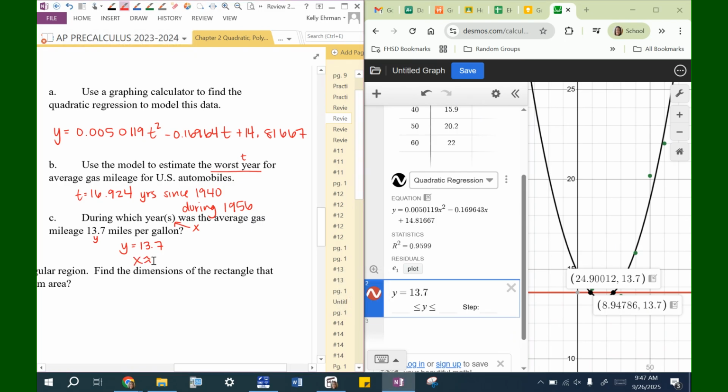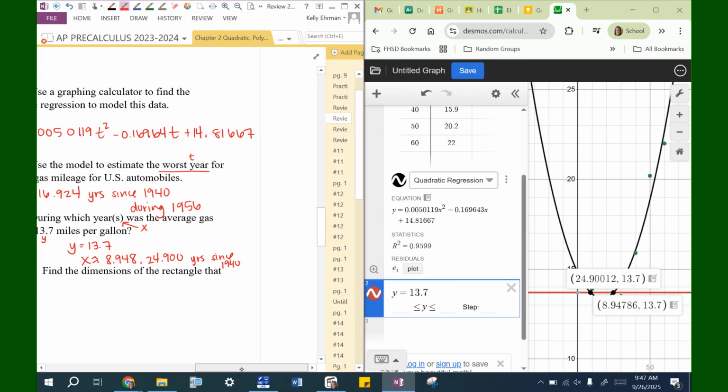So it doesn't matter what order you give these in. I'm just going to give the lower one first. So 8.948 and 24.900. Again, those are like years since 1940. And you could just give me that. That's fine.